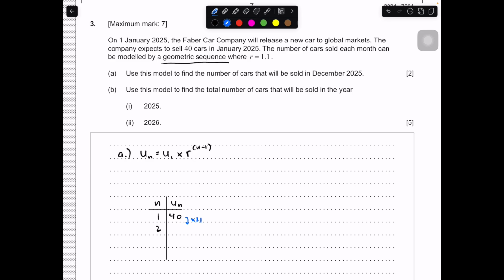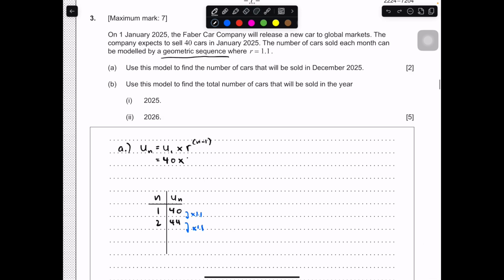What would this give us? 40 times 1.1, of course, 44, and so on. So if we want to go from one term to the next, it's times 1.1 again. So this is r, our common ratio right here. So u1, the value of the first term, that's 40 cars sold, times r. r is what we multiply by to go from one term to the next. In this case, it is 1.1.